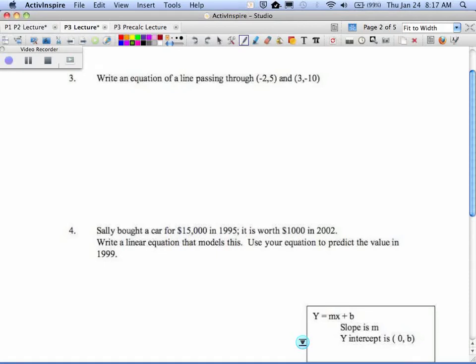If you write the word slope, that's just great. 5 minus -10. So I put the y values on top. Y to the sky. -2 minus 3. X values go on the bottom. 5 minus -10 is going to give me a 15. -2 minus 3 gives me -5, and it looks like I'm coming up with the slope of -3.